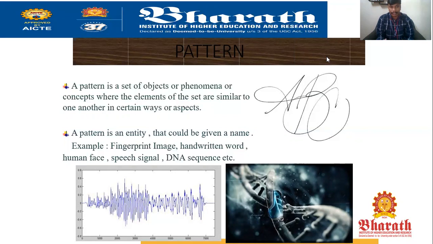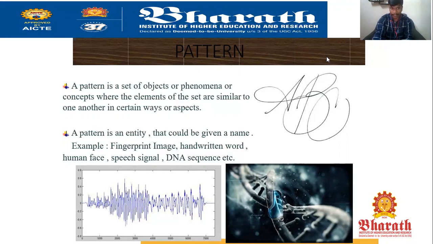A pattern is an entity that could be given a name, for example, a fingerprint image, a handwritten word known as a signature, a human face, a speech signal, voice recognition, and a DNA sequence. These are identities which can't be replaced or altered and are considered patterns. Identifying the individual by a set of sequences is considered a pattern.